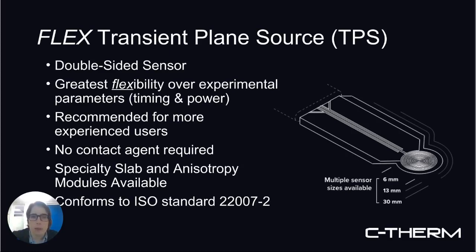The two properties measured by this method are the thermal conductivity and also the thermal diffusivity of the material. By looking at the thermal diffusivity and the thermal conductivity, you can get an idea of the heat capacity of the material as well, although it won't be quite as accurate as you would get, for example, if you were using a calorimeter.